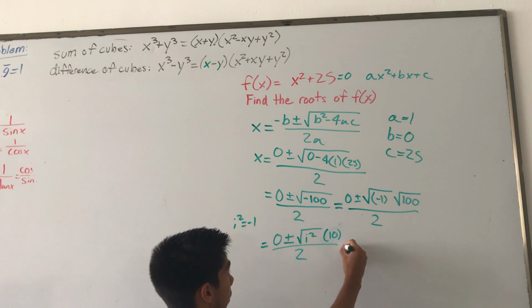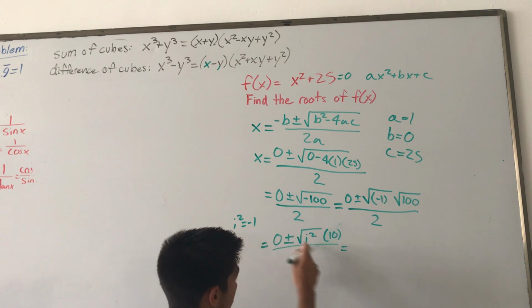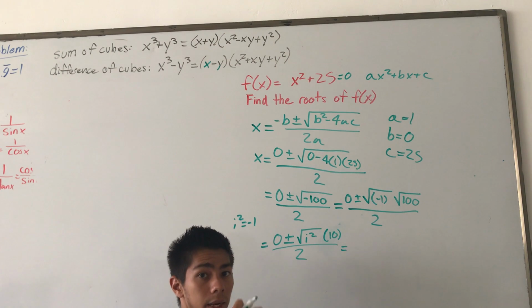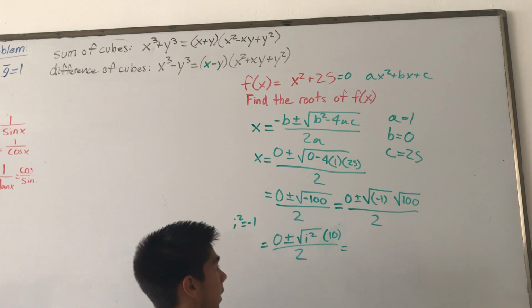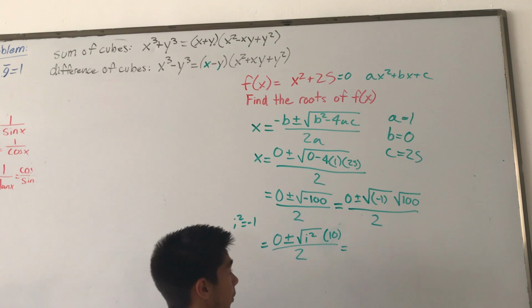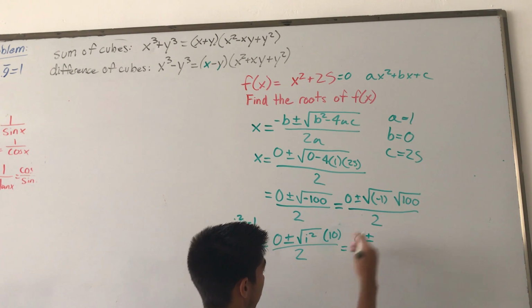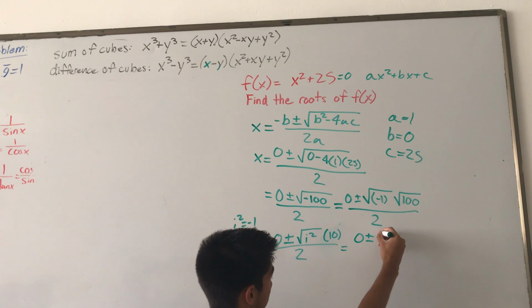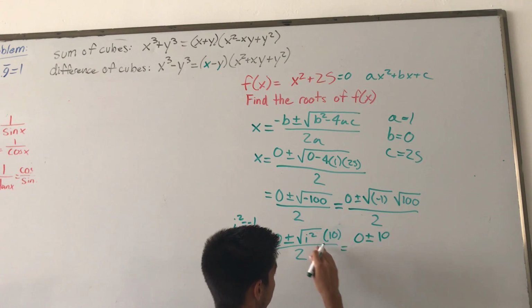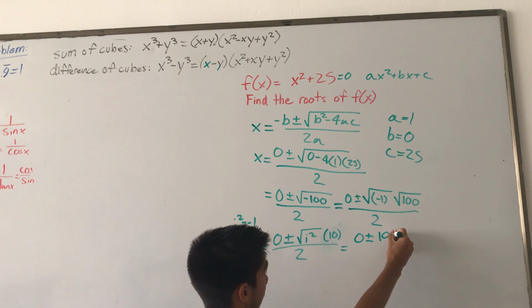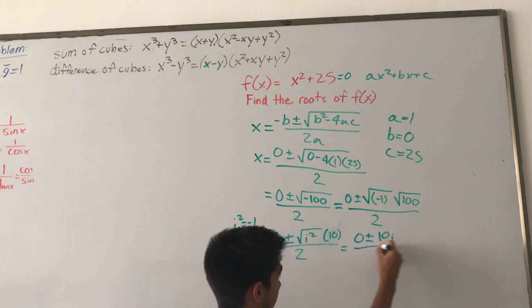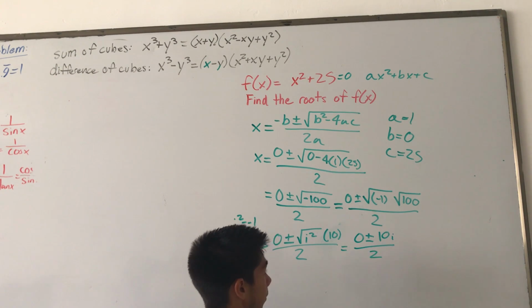Now if you remember, now that we have i squared inside the square root, squaring something and then taking the square root of it are inverse operations, which means they cancel each other. So I end up with 0 plus or minus, and I'm going to move the 10 out in front since it's multiplication and I can do that. So the square root of i squared is just i, so I get 0 plus or minus 10i over 2.